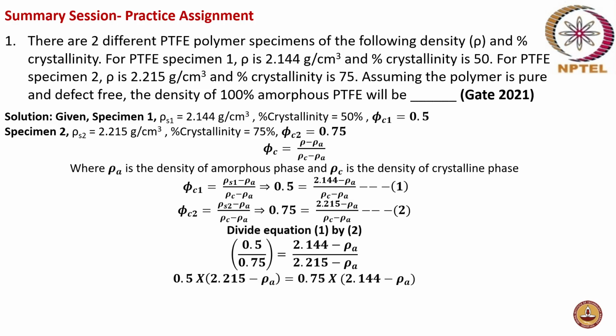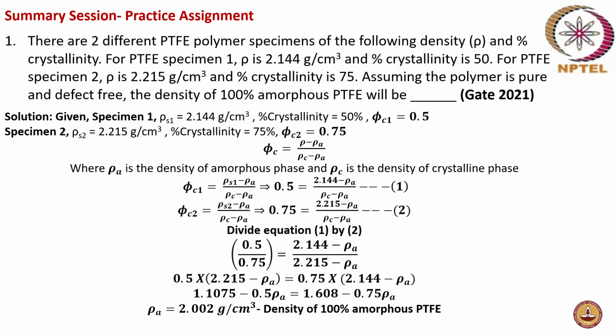Just cross multiplying, you will get 0.5 into 2.215 minus rho A is equal to 0.75 into 2.144 minus rho A. So you will end up with the density of the amorphous phase, which is 2.002 gram per centimeter cube. So if you have a 100% amorphous polymer, this will be the density of the 100% amorphous PTFE.